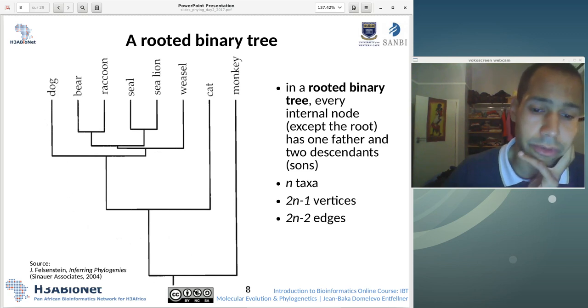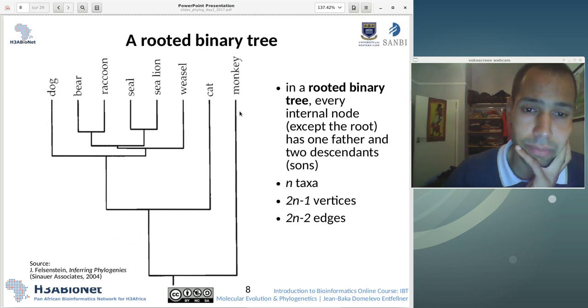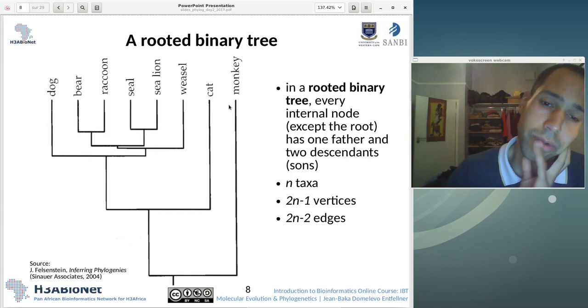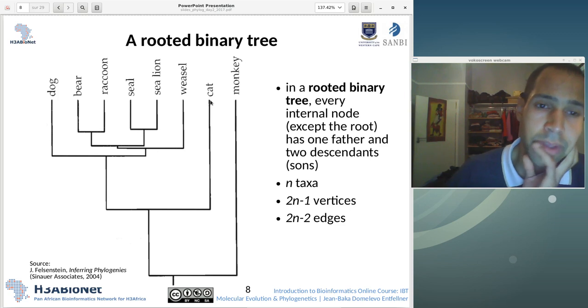Time goes obviously from bottom to top, because the extant taxa are on the top. So every internal node except the root has one father and two descendants. So for instance, this node has one father, being this node, and two descendants, one here, that is an internal node, and one here, that is a leaf.